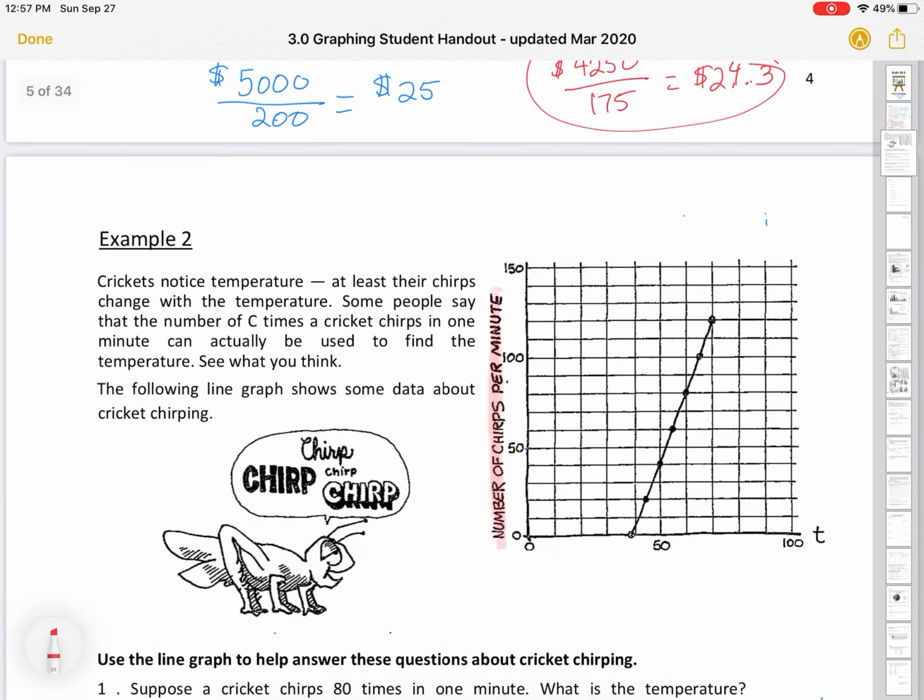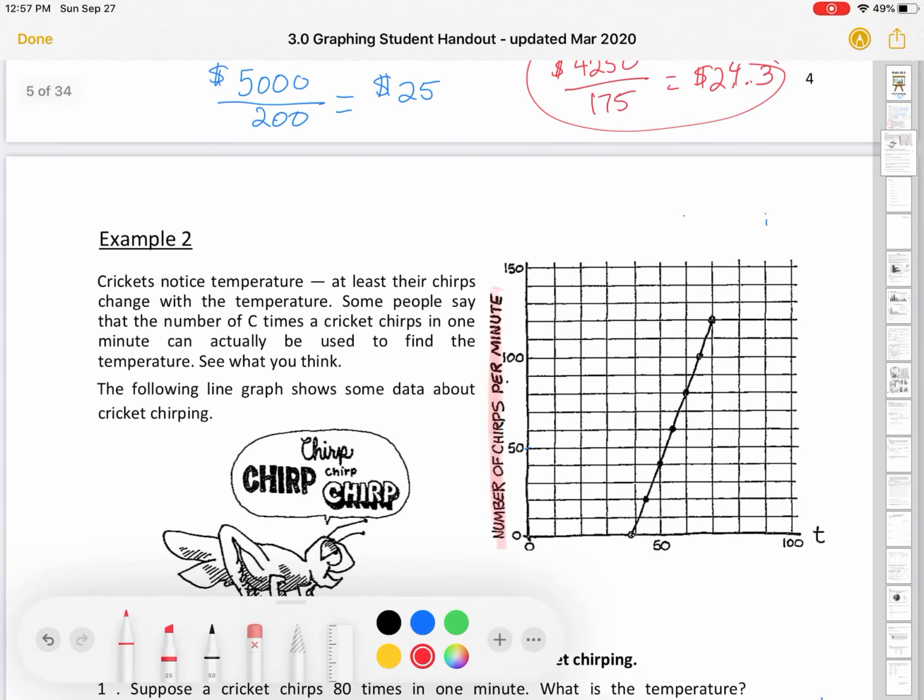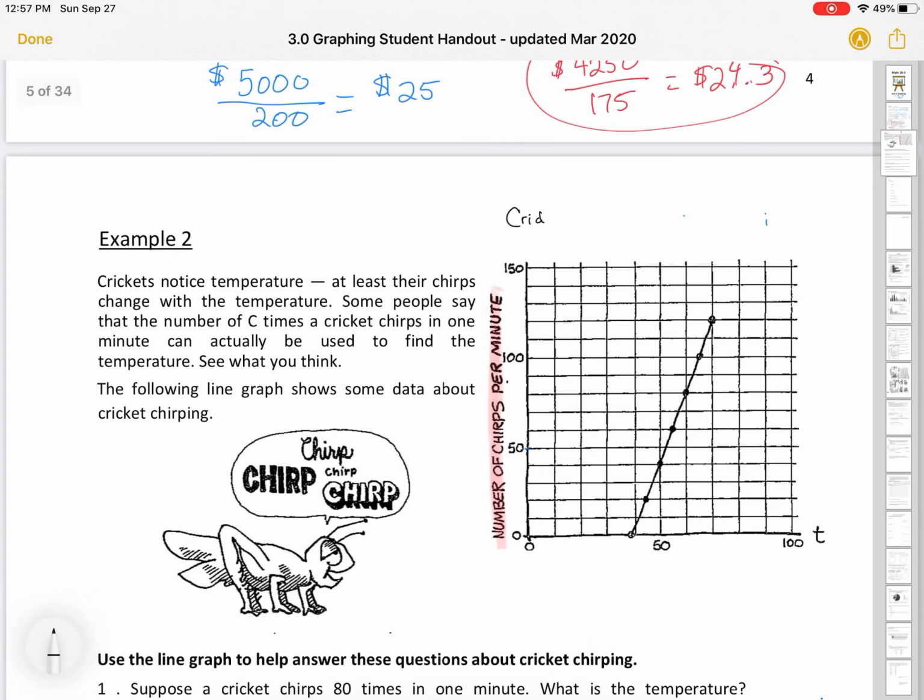I want to just highlight it. This is the number of chirps per minute, but we're missing a title on the graph. So this is cricket chirps per temperature, and that's in degrees Fahrenheit.